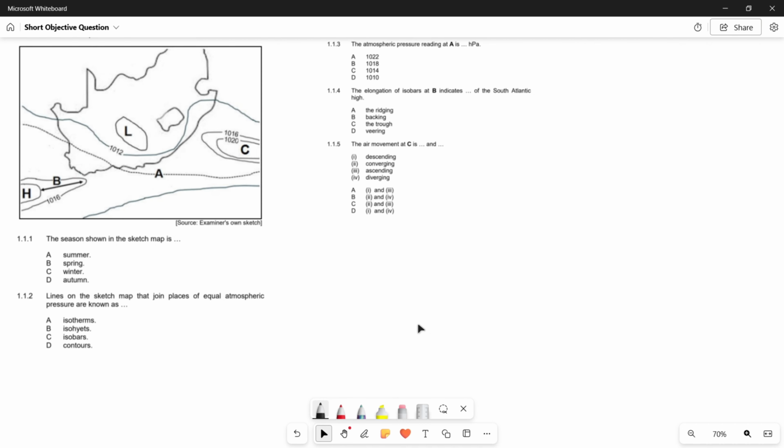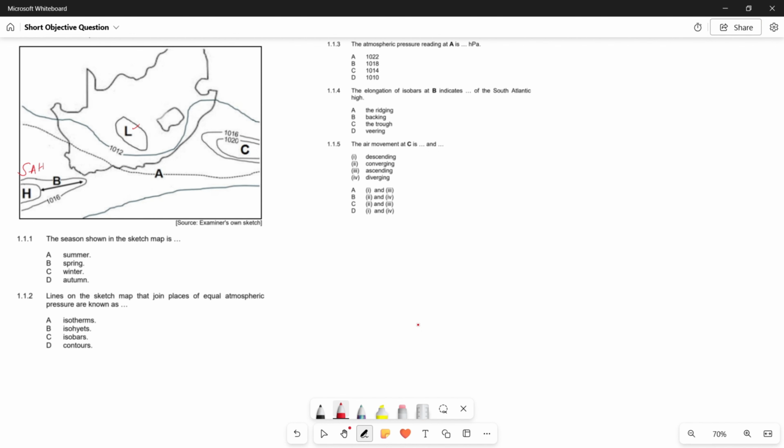Okay, 1.1.1. We are given this diagram which appears to have a low pressure here in the interior, and then we have one high pressure, which would automatically be the South Atlantic High.